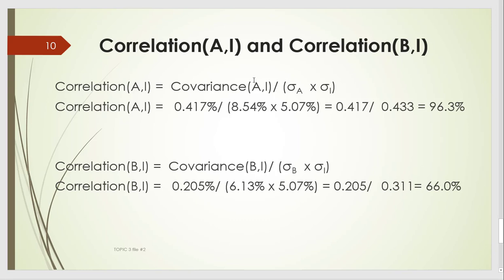We're dividing it by the product of the standard deviations, and it turns out that the correlation is 96.3, suggesting that 96.3 of the return is coming from systematic risk, and the remaining amount is coming from business risk. So most of that return is reward for systematic risk. We look at B with the index, the correlation is 66%, so a lot less return is coming from the stock index, a lot less return is reward or premium for systematic risk.